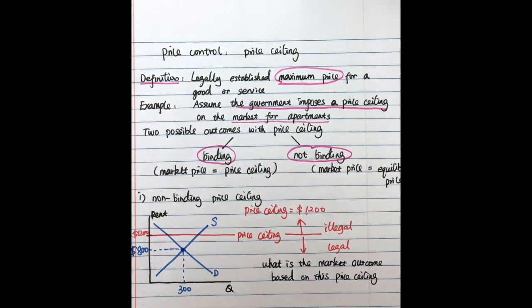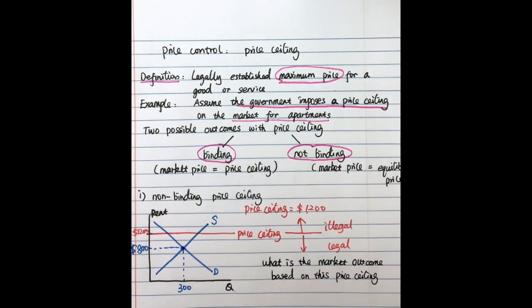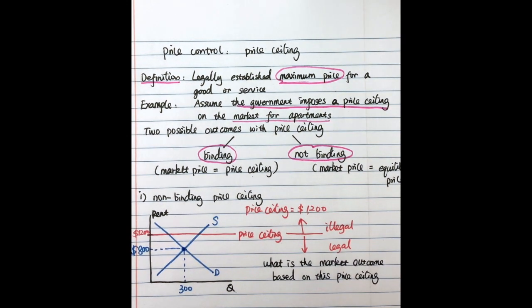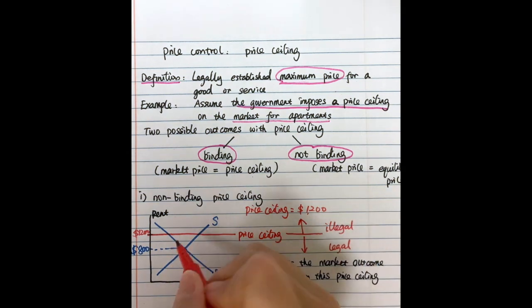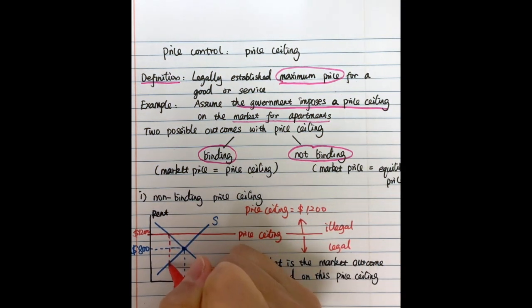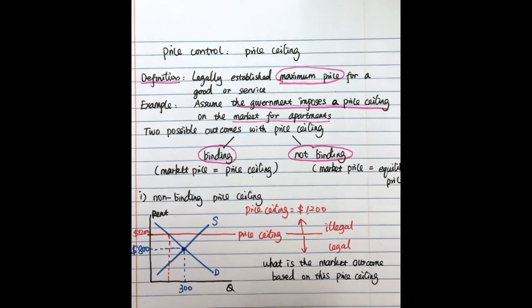Then we probably need to analyze what will happen to our market if the government imposed this price ceiling. Here I would like to mark 2 points on the quantity of the apartments. If the market rent imposed by the government is equal to 1200, then the rent is higher, so the demand for the apartments will equal 200.